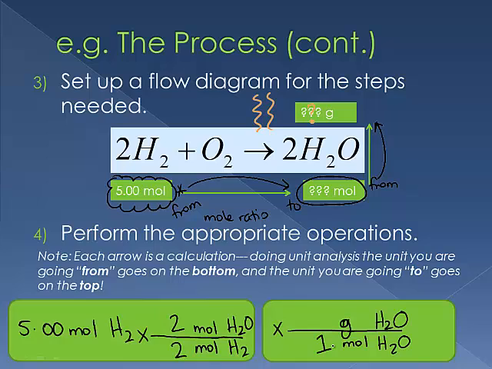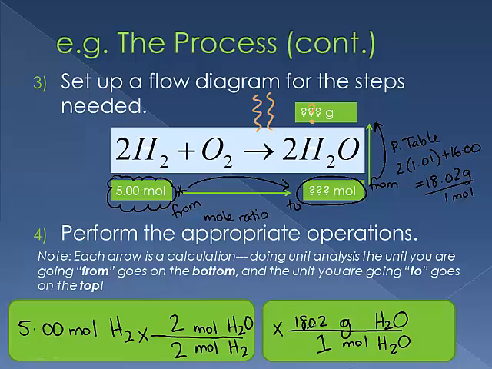So what we see is that on the periodic table you have 2 times the hydrogen, which is 1.01, and the 16 for oxygen. So that means our molar mass is 18.02 grams per 1 mole. So 18.02 goes in front of the grams.